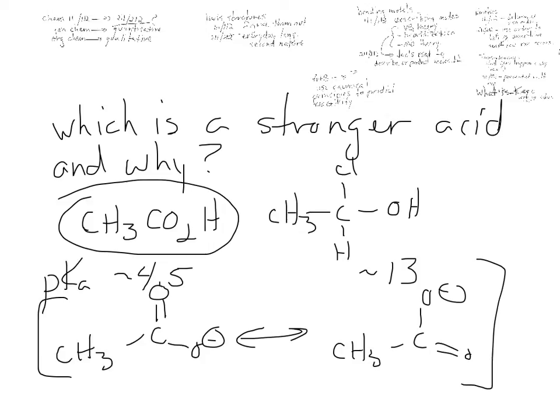It might be useful, but I don't need to know the pKa's, because I can answer the question on the basis of the why. One of the problems people have is that they think the pKa's are an answer also to the second question, that is why. And the pKa's aren't in any way an answer to the second question. It's a quantitative answer to the first question, that is, which.